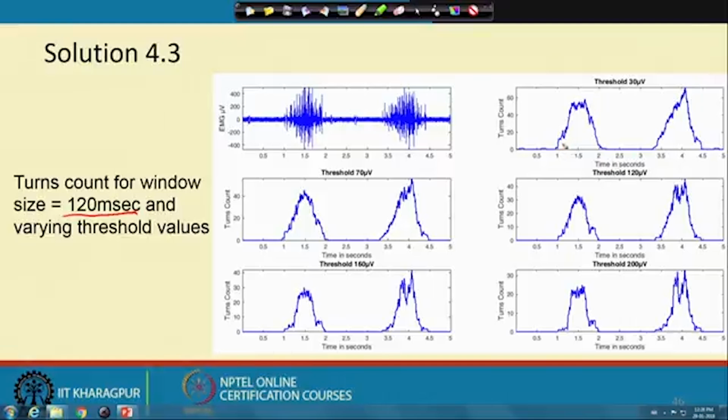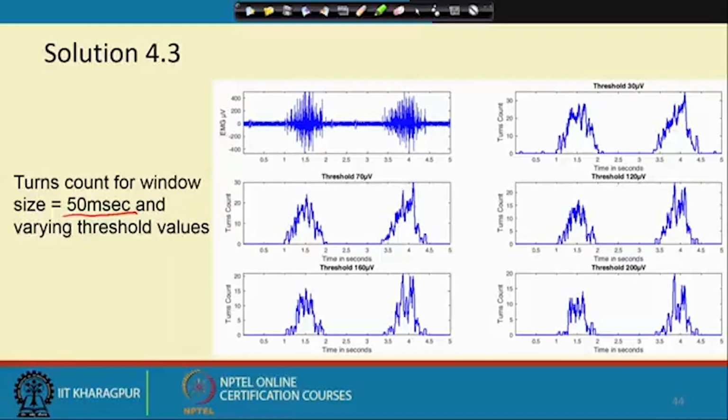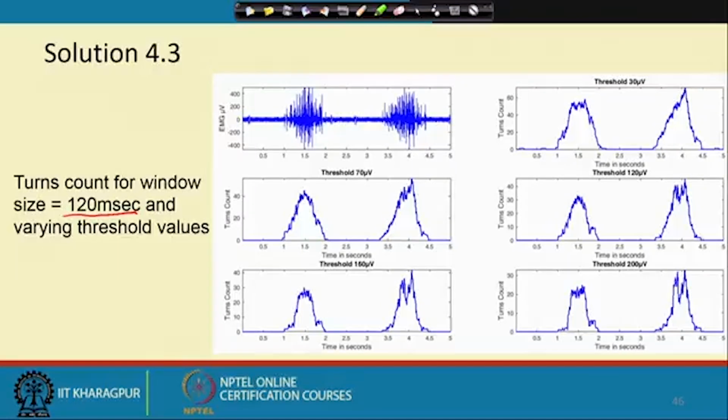I think it would be easier to understand if we go back in time and see what it was for 80 millisecond and what it was for 50 millisecond. We see that as we are increasing the time window, the plots for the turns count are becoming smooth. At 120 millisecond it is smoother, and now the higher thresholds are also coming out better.